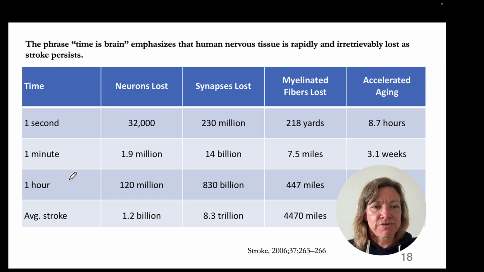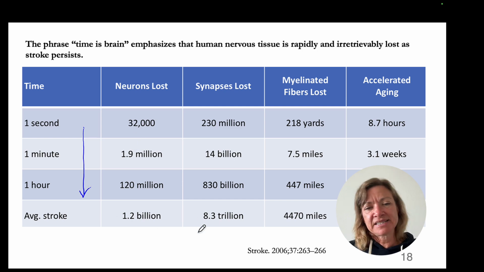And so here we have the time of ischemia, and they break it down to neurons lost, synapses lost, etc. This is an old study, but it's interesting. In the average stroke, the estimate is that 1.2 billion neurons are lost, and that about 36 years of life are potentially lost. So huge accelerated aging as the result of an average stroke, even if it's survived.